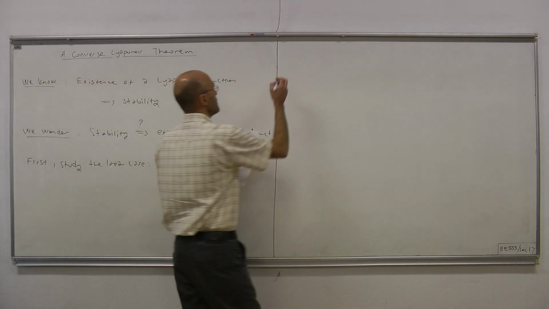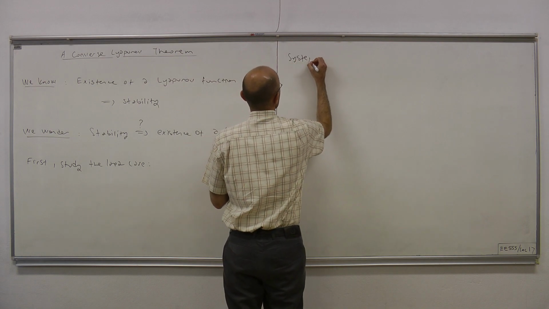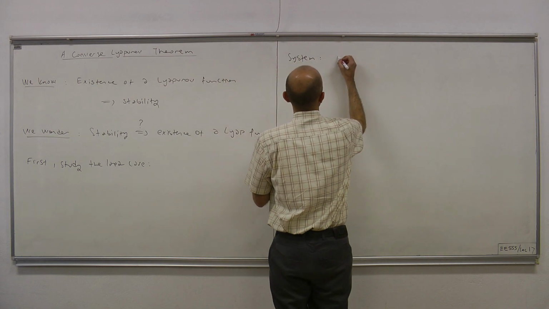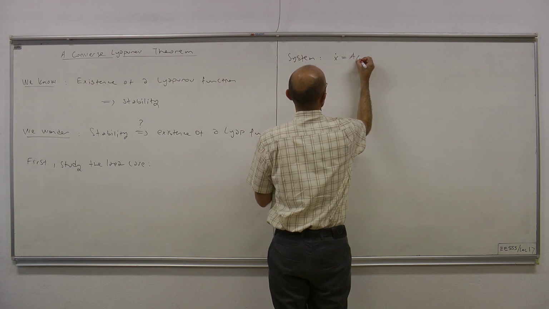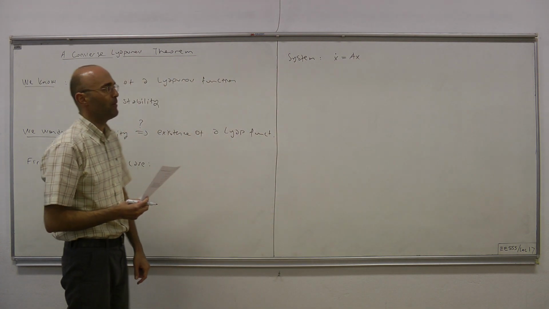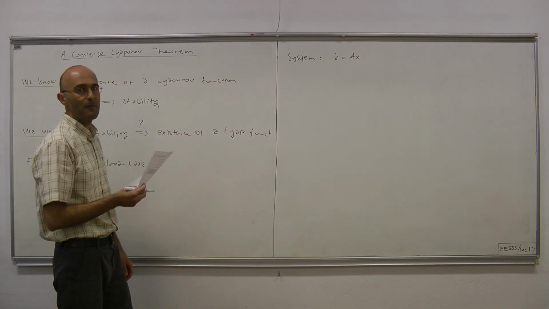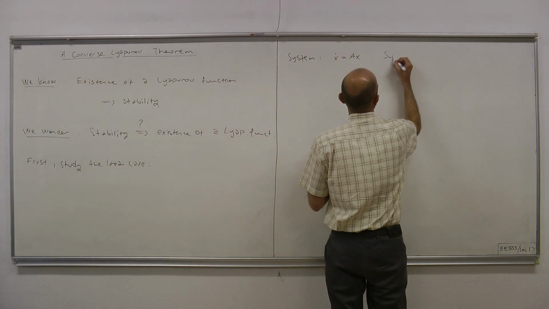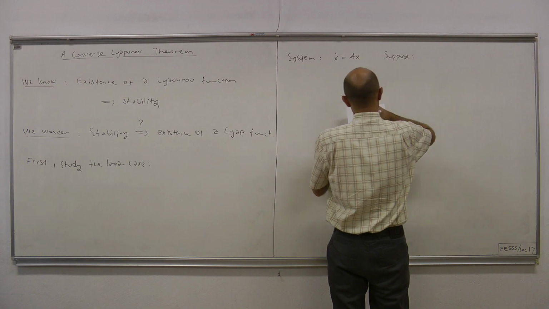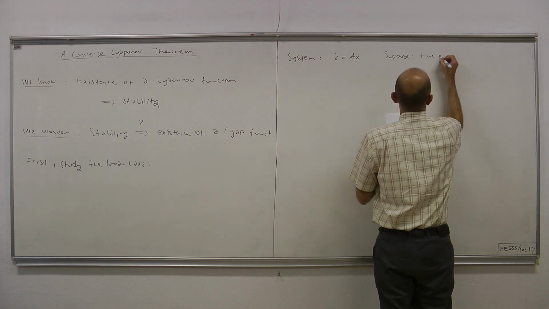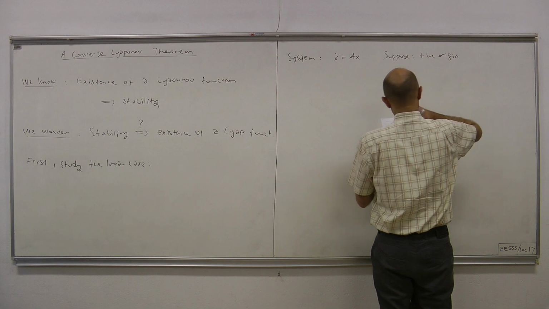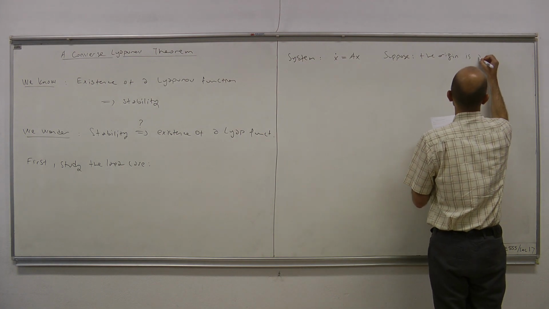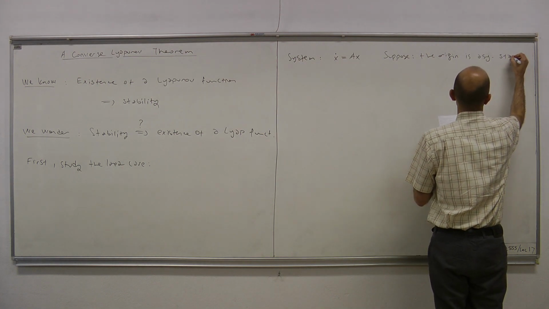So this is the system we start with: x dot equals A x, an n-dimensional system, therefore A is a constant n by n matrix. And suppose that the origin is asymptotically stable.